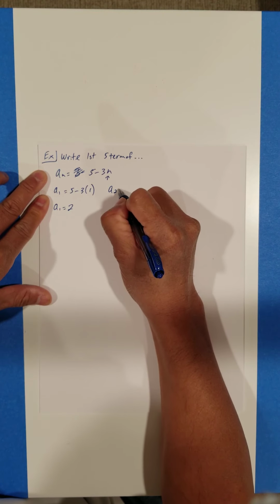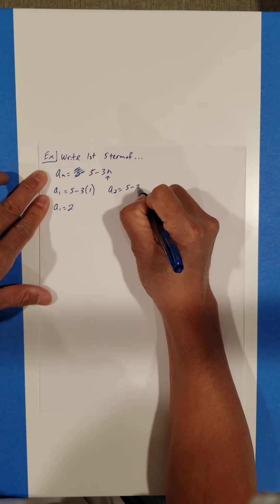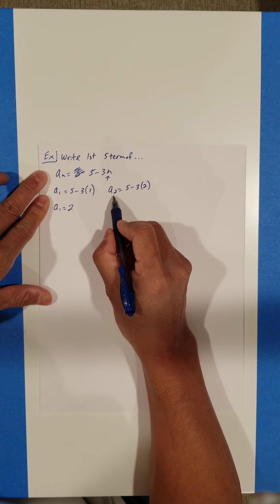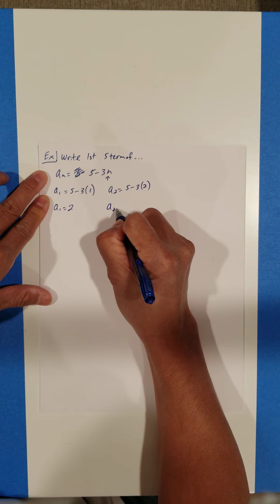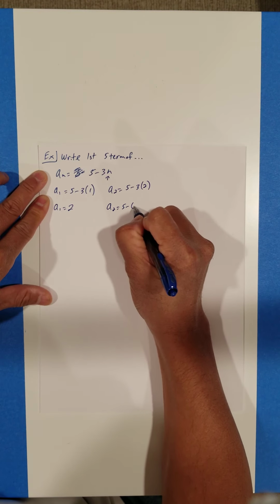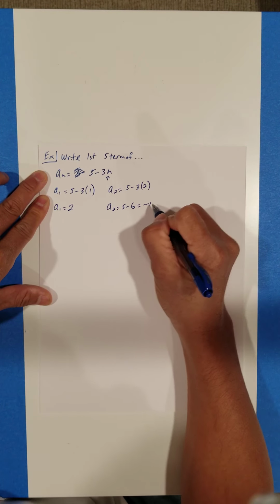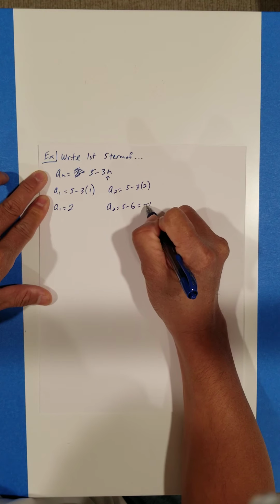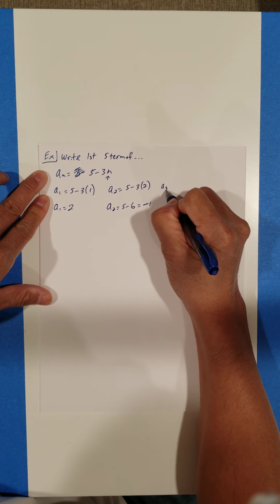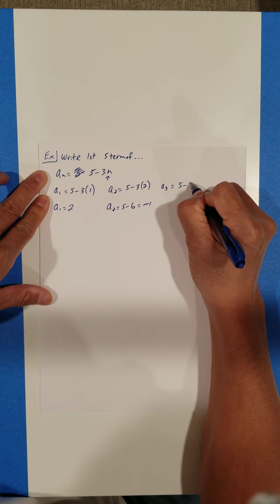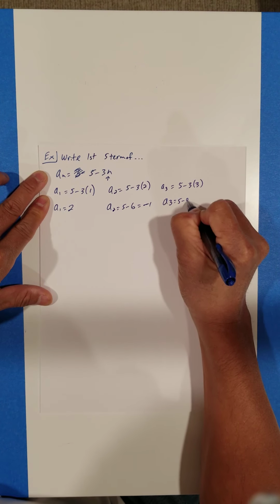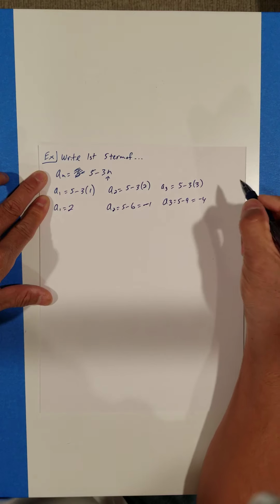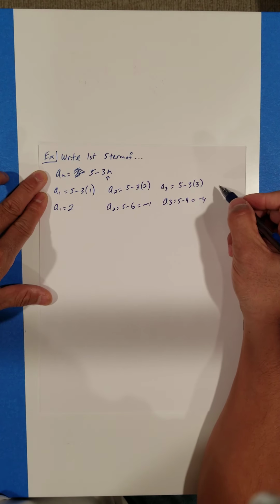A sub 2 is going to be 5 minus 3 times 2. Whatever this number is, you put it there. So a2 is 5 minus 6, so negative 1. A sub 3 is 5 minus 3 times 3, so a3 is 5 minus 9, negative 4. We want to find the first 5 terms.